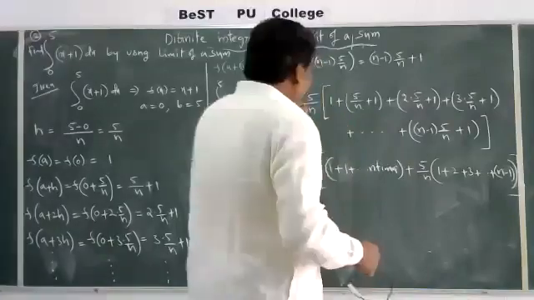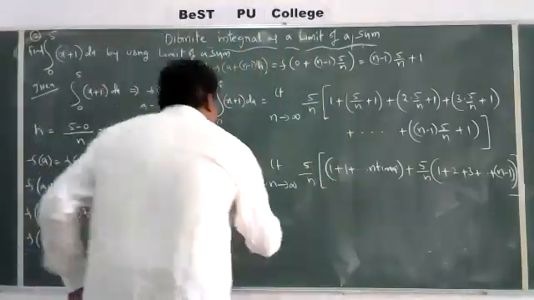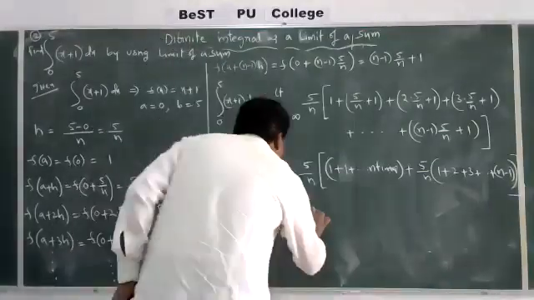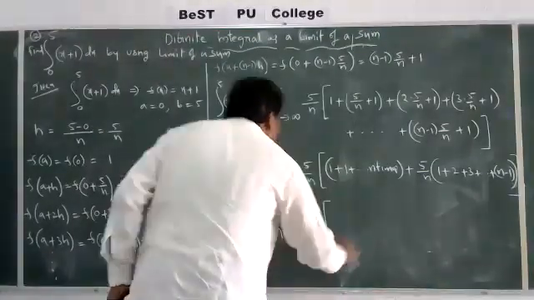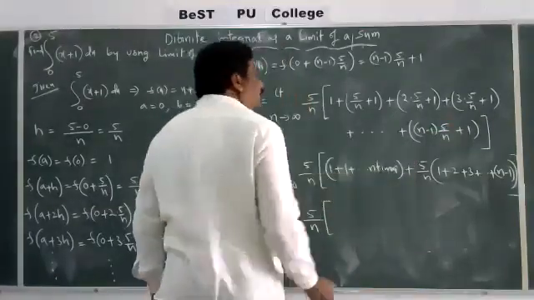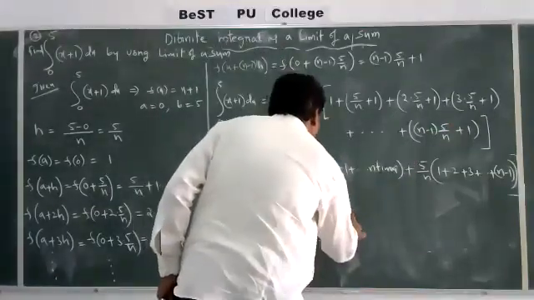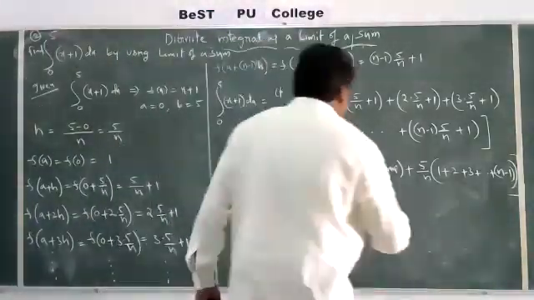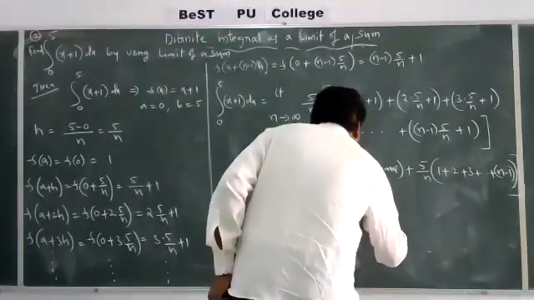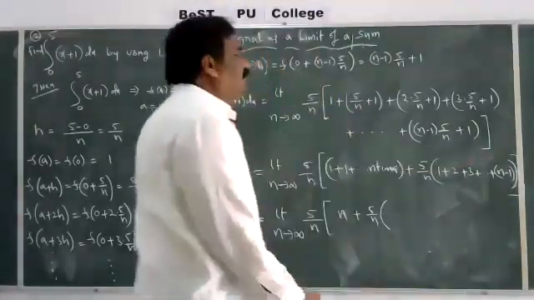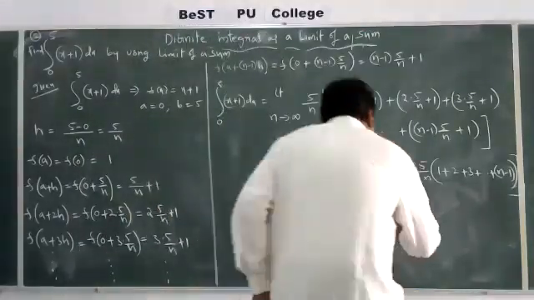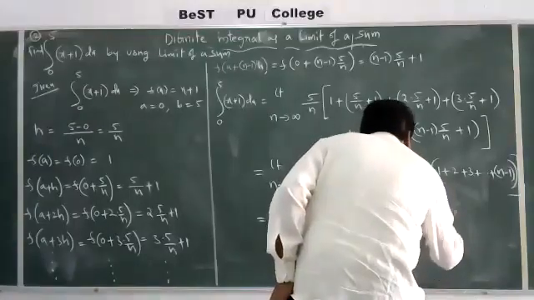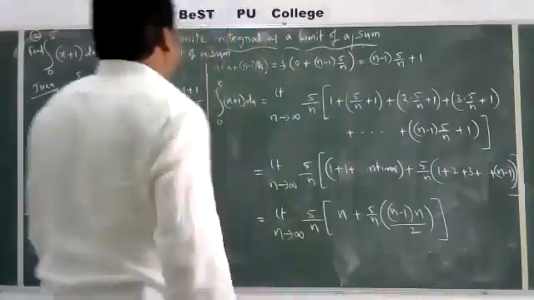That is equal to limit n tends to infinity 5 by n into 1 plus 1 and so on n times, that is n. n into 1 is n, plus 5 by n into the sum of the first natural numbers up to n minus 1 terms only, that is n minus 1 into n by 2.